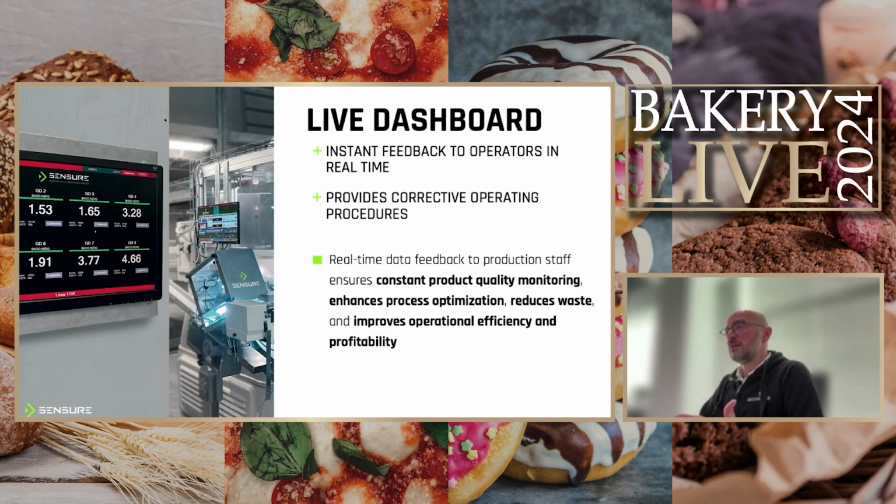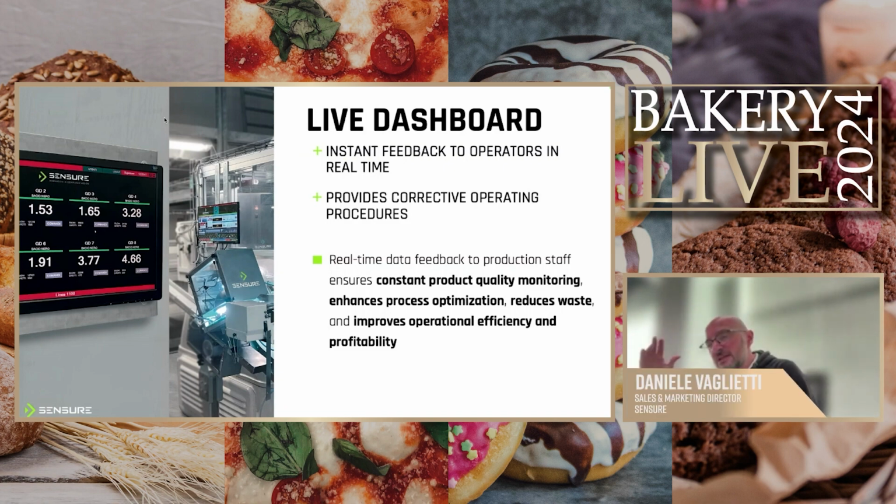For example, if a vision system sees an increase of the color in the line, it most probably means that something is happening in the oven, in the temperature of the oven.